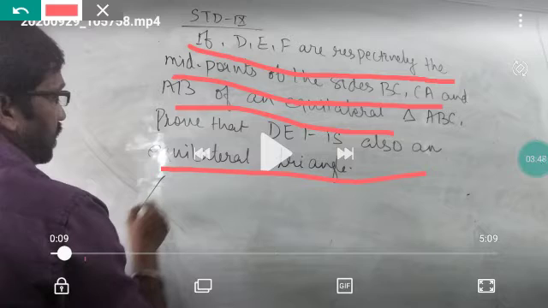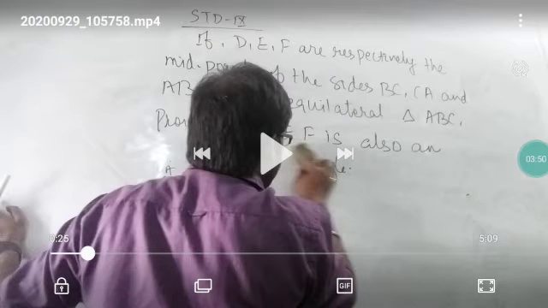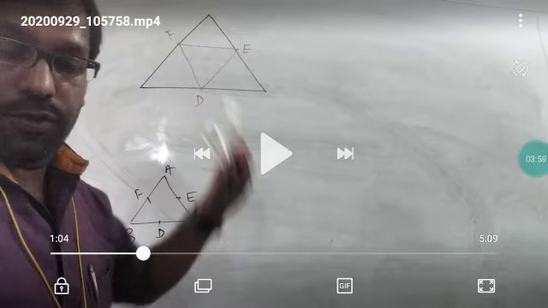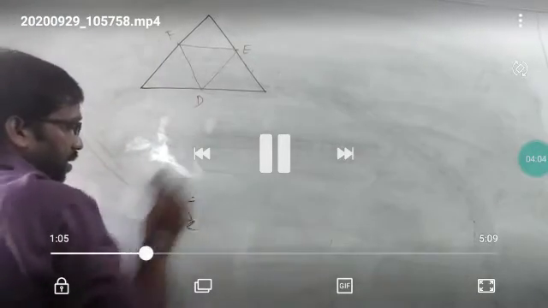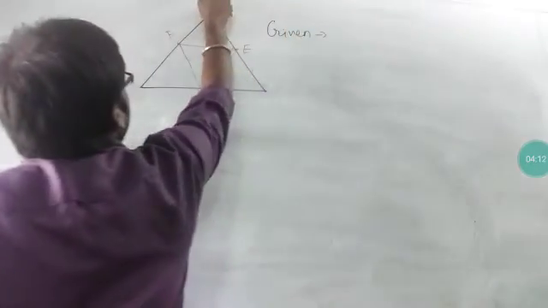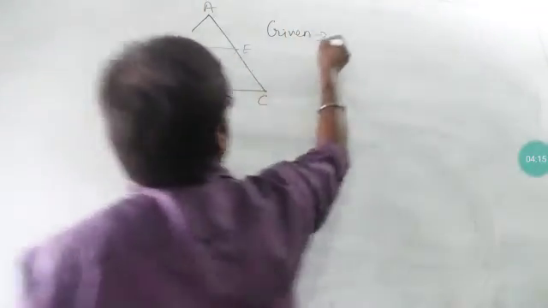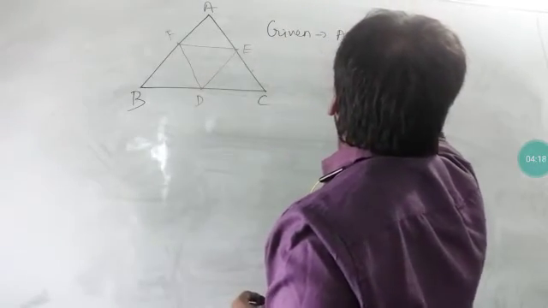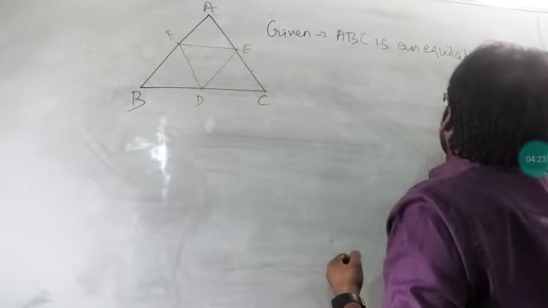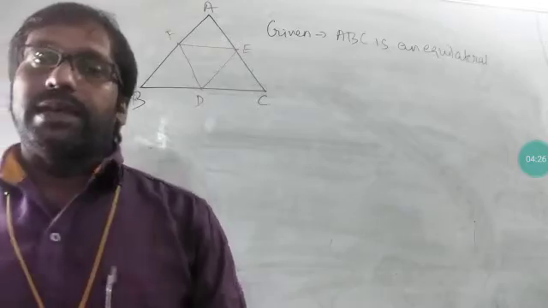The figure of this question is that ABC is an equilateral triangle, and D, E, F are the midpoints which will be joined.